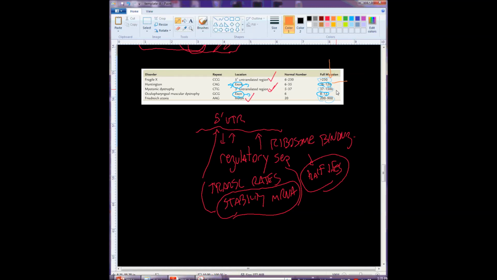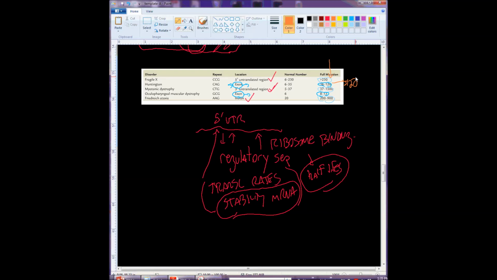Now it could be that more than 120 repeats in Huntington is lethal. So if you have 250, if you have 500, and you're born with that many, maybe you're never born. Maybe this leads to, say, a miscarriage.